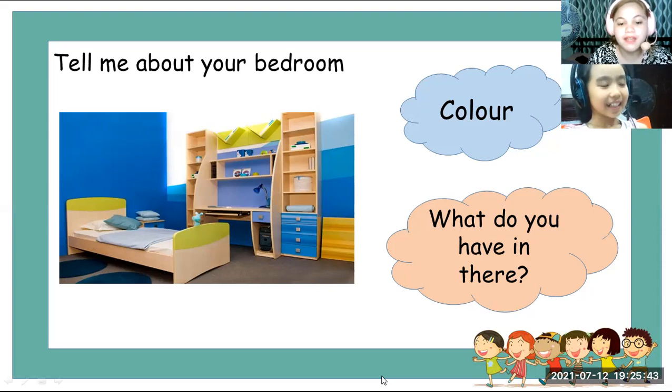How about your bed? It's pink and white too. Oh, everything is pink and white. How about the chair? It's green and black. Oh, that's different. The chair and the cupboard are different. What's the color of your cupboard? It's brown.